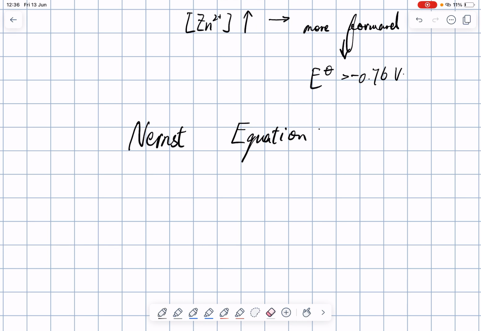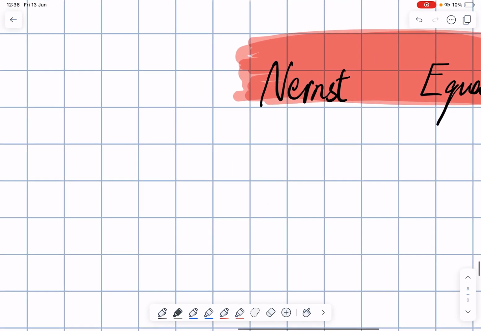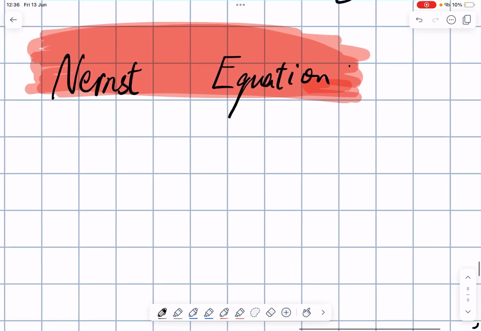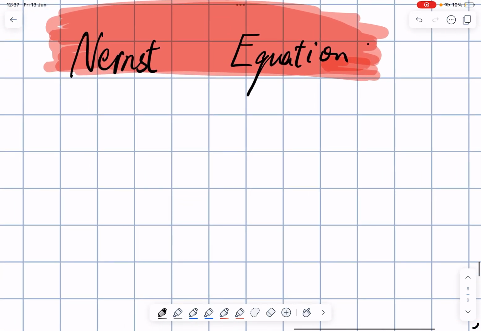The Nernst equation is the equation where you can plug all those values inside and obtain the accurate value of the electrode potential after changing standard conditions.